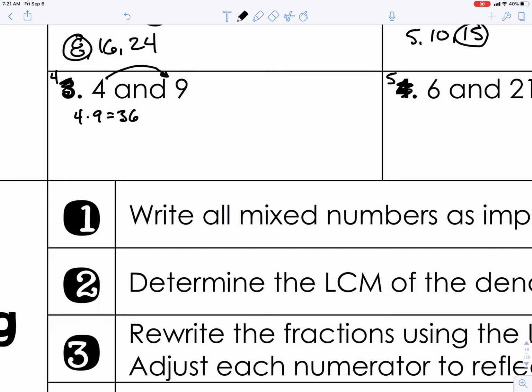The numbers that 9 goes into are 9, 18, 27, 36. 4 does not go into 9. 4 does not go into 18. 4 does not go into 27, but 4 does go into 36. I can divide 36 by 4 and get a whole number. 36 divided by 4 is 9. So 36 is my least common multiple.